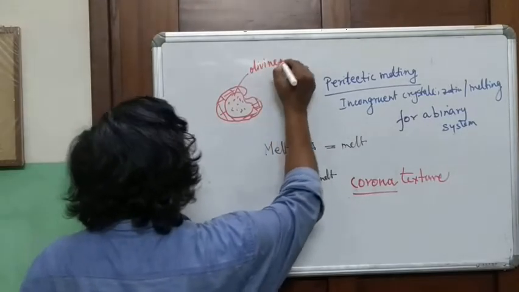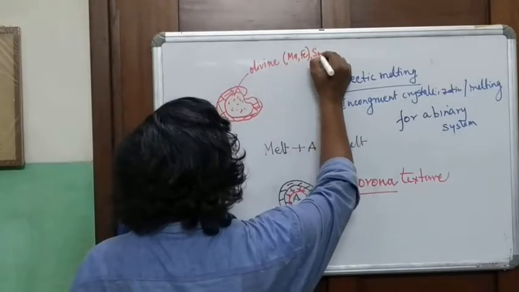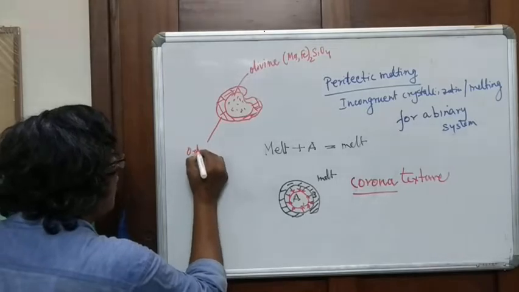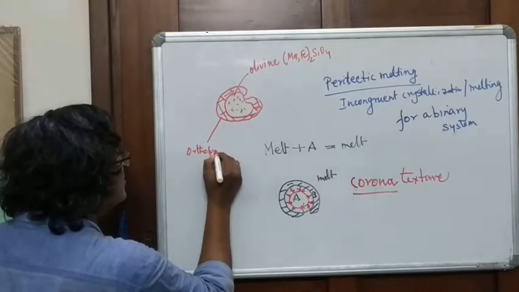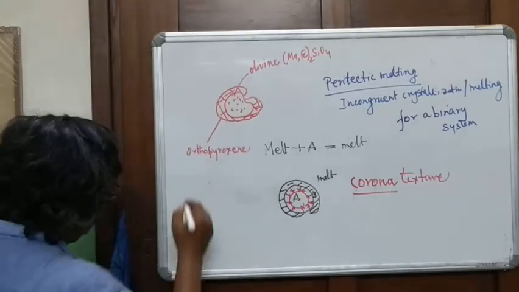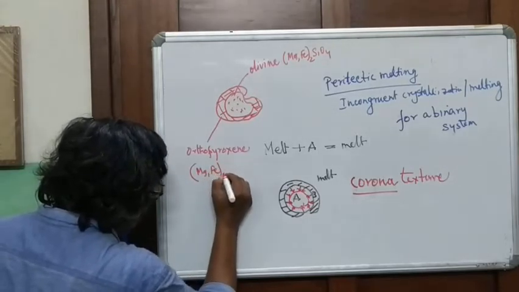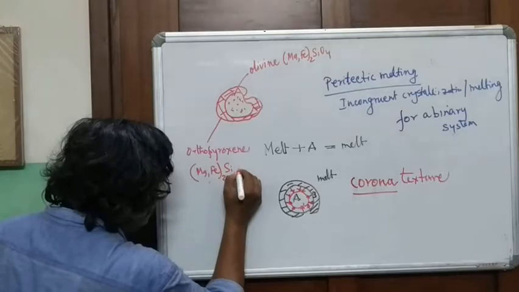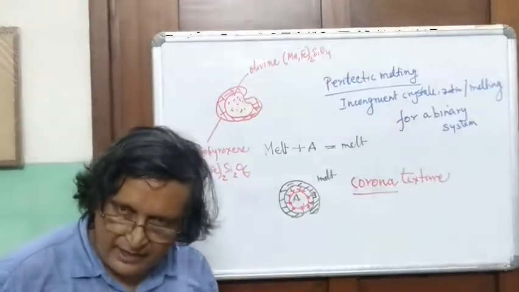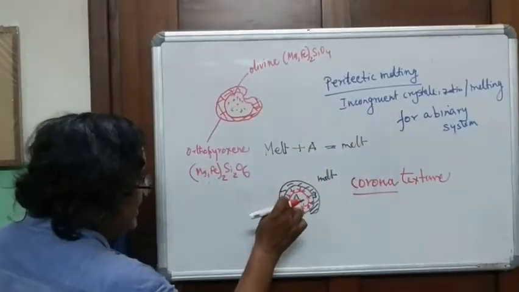I have told you about this. The formula for olivine is (Mg,Fe)2SiO4. The mineral that surrounds it is called orthopyroxene, and the formula for that mineral is (Mg,Fe)2Si2O6.